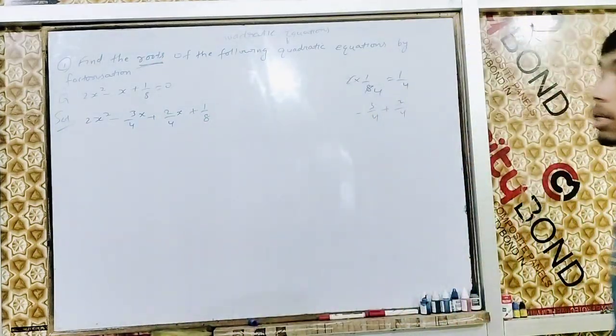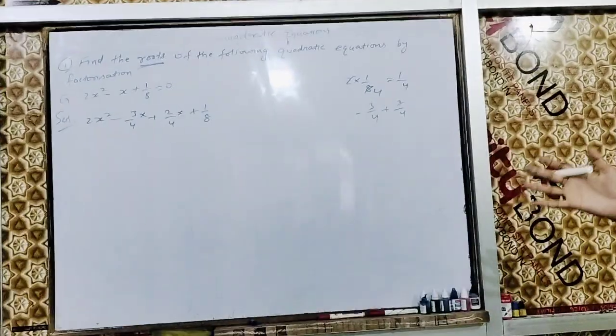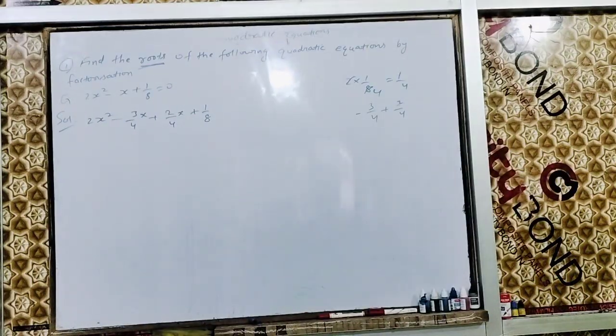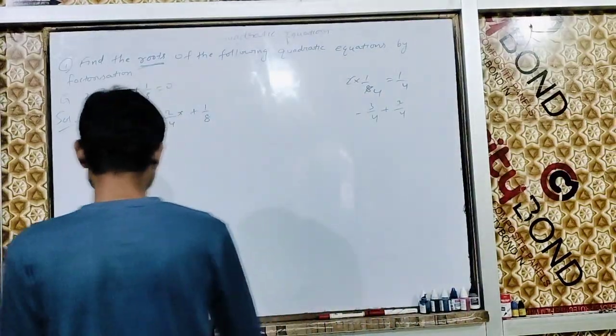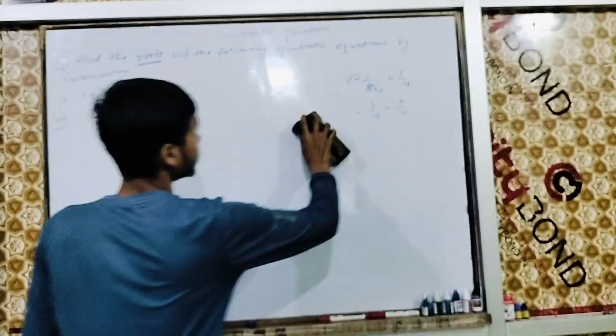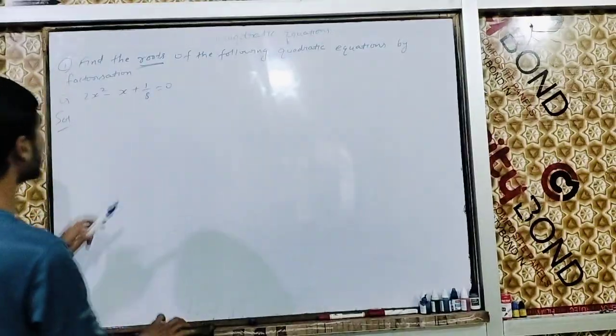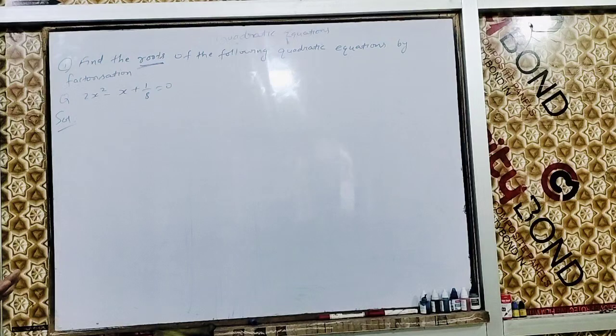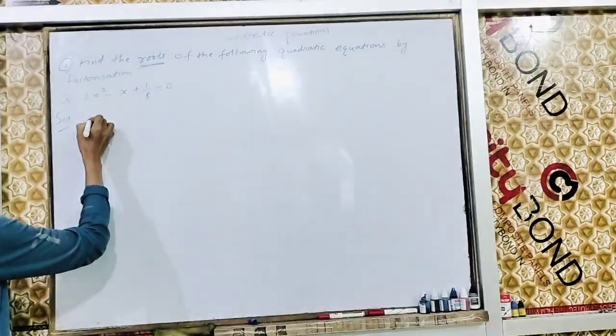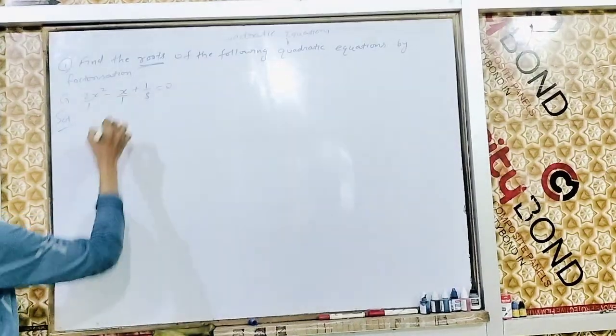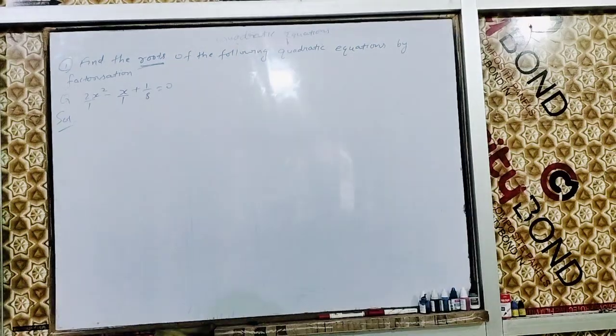In another way, you can also simplify it. So I am going to use the other way. What is the other way? Here we have this 8 in the denominator. Here in the denominator, here is 1 and here is also 1.